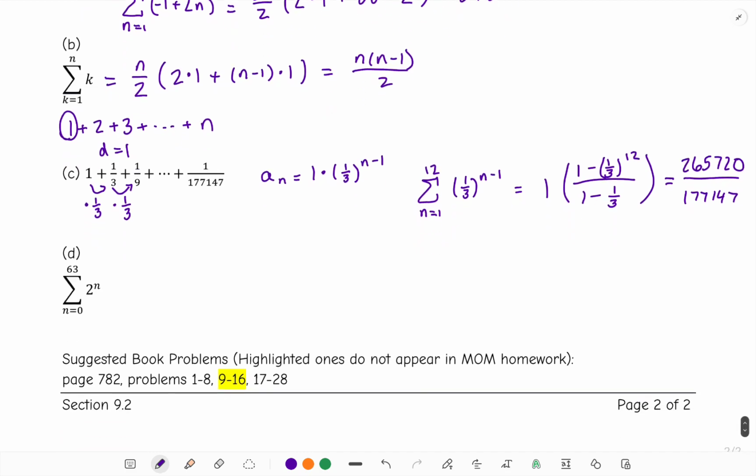Now for D, again, if you don't realize what type of sequence 2 to the n is, you just plug in 0, so you get 1, plus 2, plus 4, plus 8, plus ... plus 2 to the 63rd power. So this is geometric with r equal to 2.